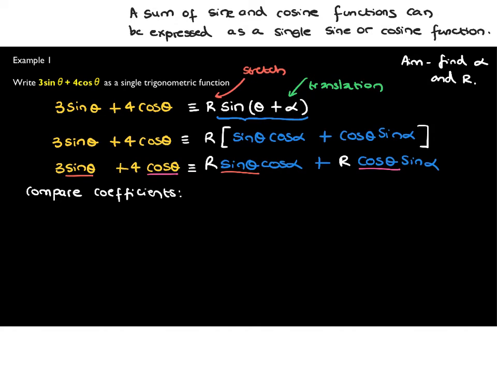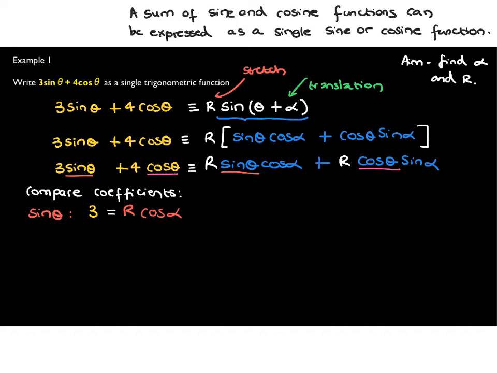Let's start off by comparing coefficients of sine theta. On the left-hand side, we have 3 sine theta, and this must be equal to, on the right-hand side, r cos alpha. We're just comparing the coefficients of the sine theta terms on both sides, which must be equivalent.